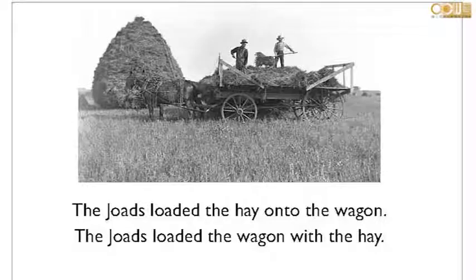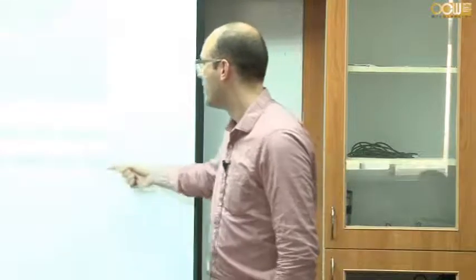it's the same verb. The Jodes loaded the hay onto the wagon means all of the hay is now on the wagon, right? Okay, I'm seeing some nodding, so people have seen the locative alternation. The Jodes loaded the wagon with the hay means the wagon is now full, but maybe you didn't use all the hay. And so this is why we need a test for a given verb. We can't just ask about what is the meaning of the verb. We have to ask what is the meaning of the verb in a particular syntactic frame.